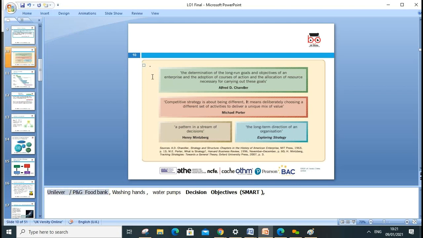So like Unilever, we can look at their strategies. Unilever started the hand-washing scheme and taught people to wash hands, a social contribution. They used to spend a lot of money on advertising, but they cut, for example, smoking advertising and sponsoring, and they are moving from sponsorship to water pump schemes and food bank schemes.